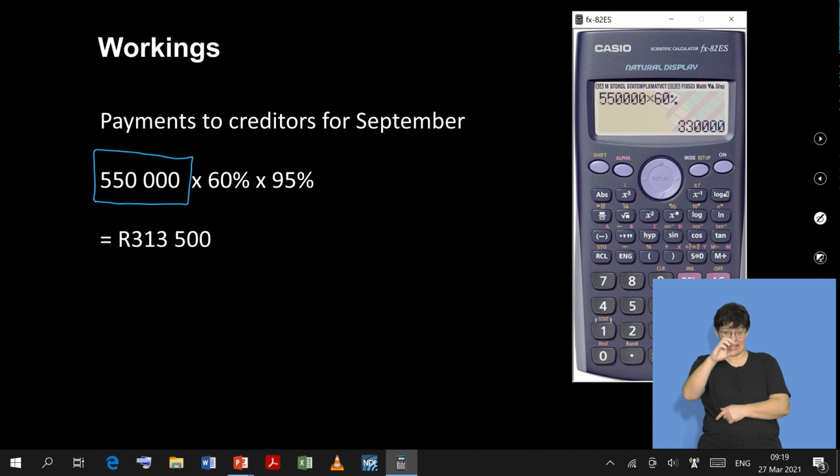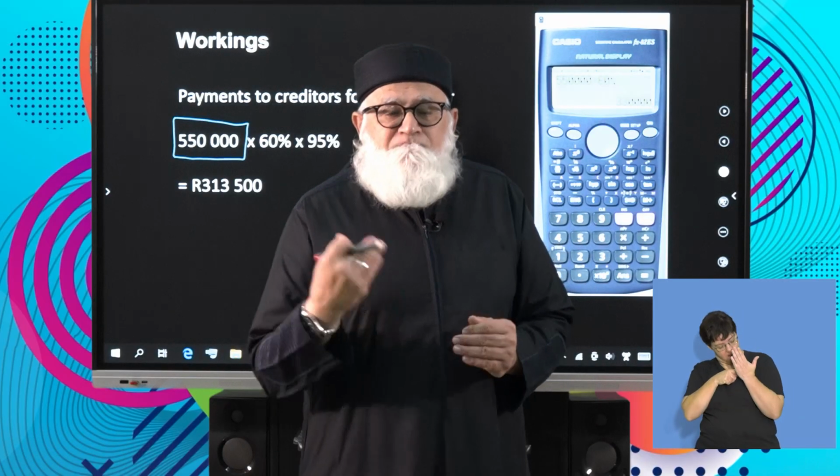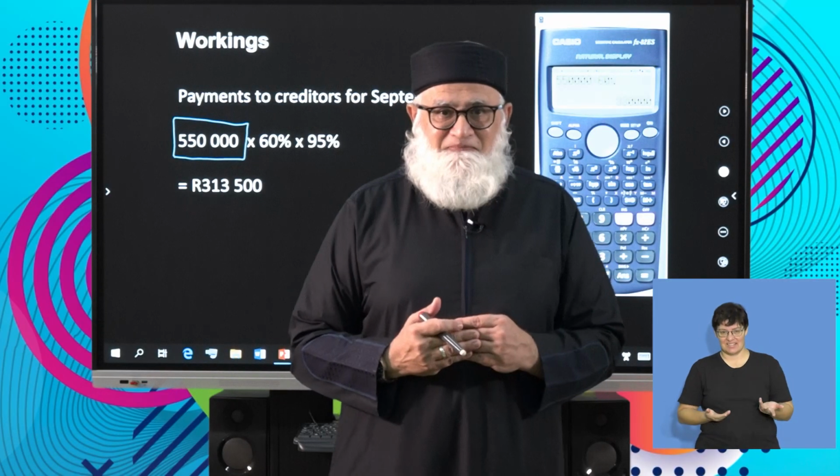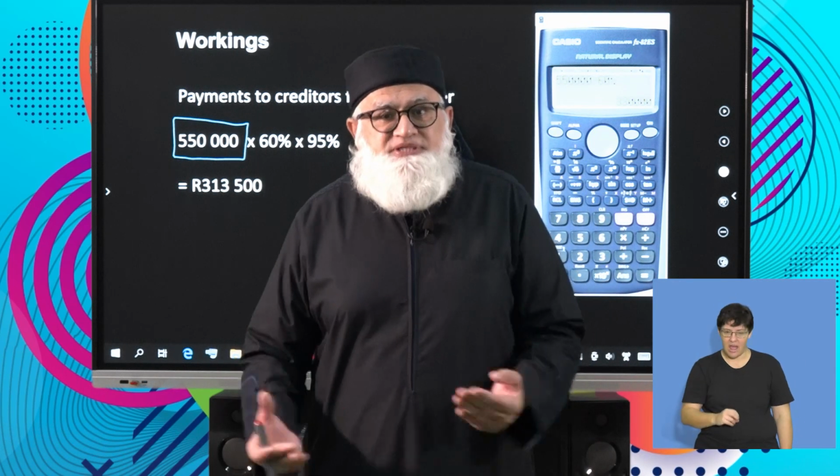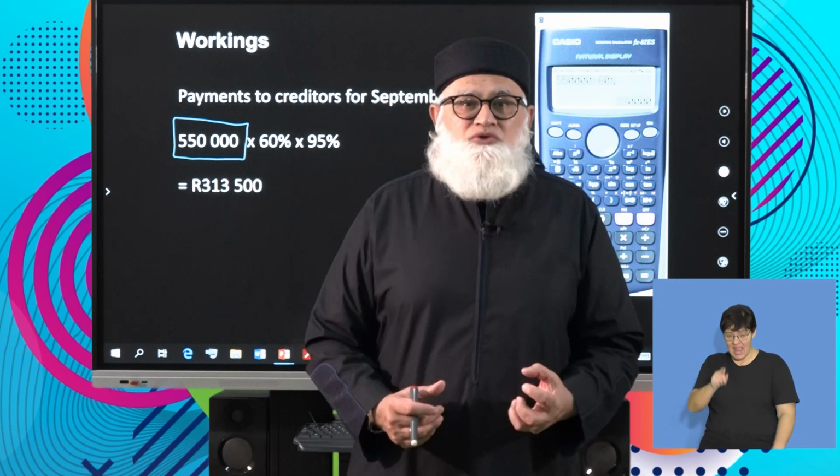Now, what percentage are you paying? Because the question clearly said you were given a 5% discount. So clearly, you're only going to settle 95% of that amount. Because we're settling our accounts promptly, we're taking advantage of the 5% discount.